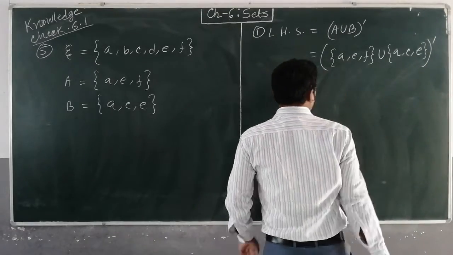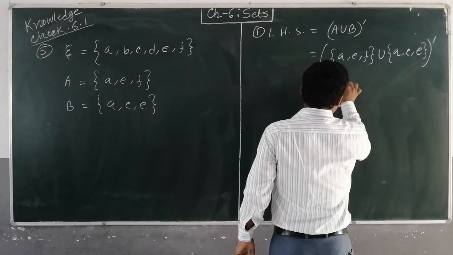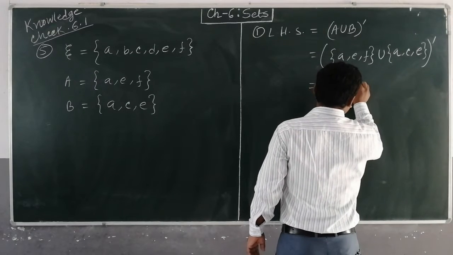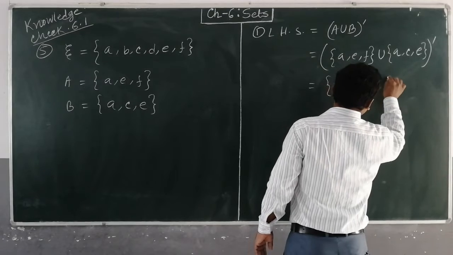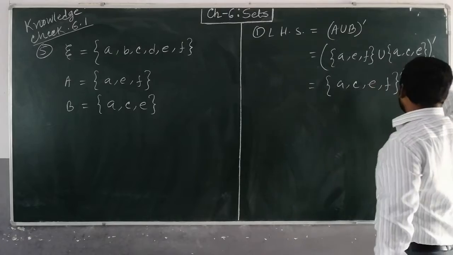Okay. So at first find the union. So the union will be {a, c, e, f}.